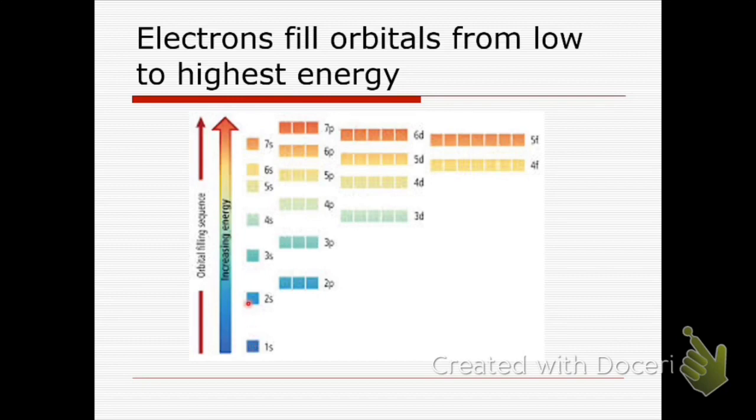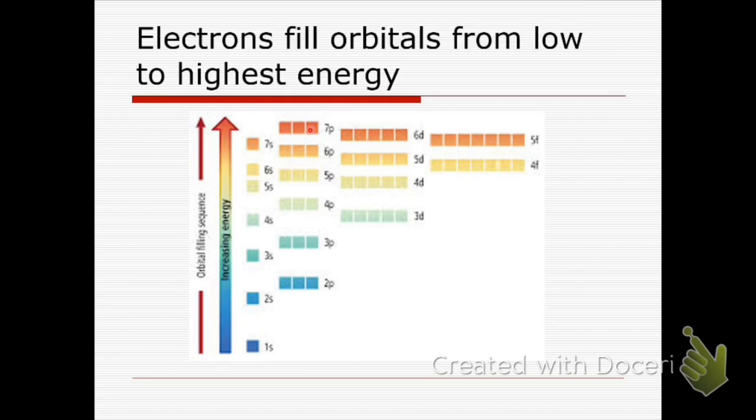So we have 1s, then 2s, 2p, 3s, 3p, 4s, then the next step is 3d, 4p, 5s, the next step is 4d, 5p, 6s, the next closest step is 4f, then 5d, 6p, 7s, the next step is 5f, then 6d, and 7p.